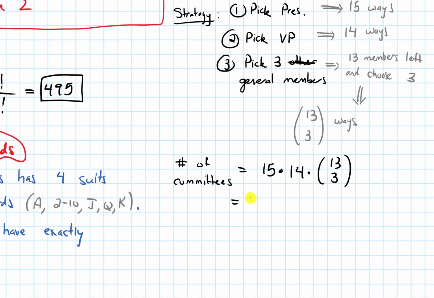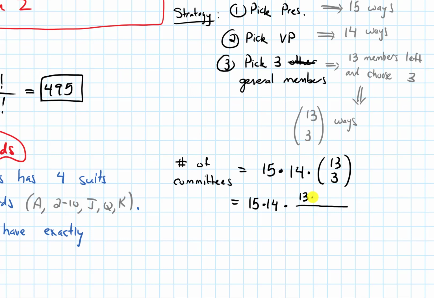Okay, so this is 15 times 14. I always like to think conceptually about what 13, choose 3 is, and get a good conceptual feel for it rather than relying on the formula, especially in the early going, because I think knowing conceptually what it means is super important. So 13 choose 3. We're picking 3 members from the 13 remaining. So there's 13 ways to choose who goes first.